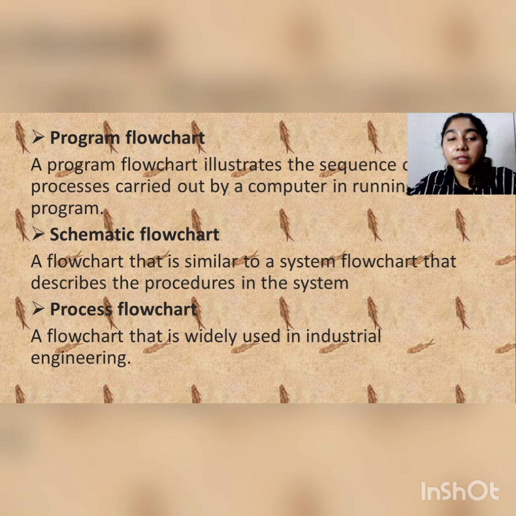The difference is that the semantic flowchart uses system flowchart symbols and also computers, images, and other equipment. Process flowchart is a flowchart widely used in industrial engineering. This flowchart is also used in full system analysis to describe the process in a procedure.